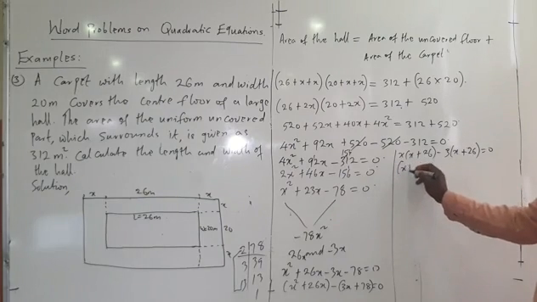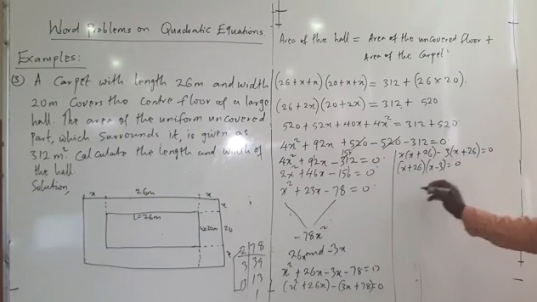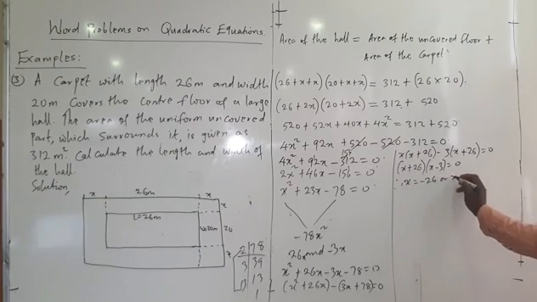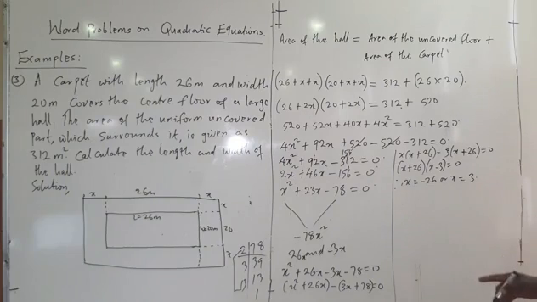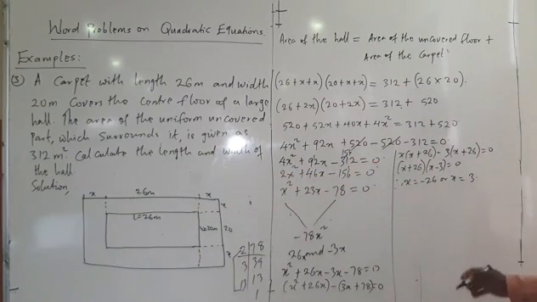So we have (x plus 26)(x minus 3) equals 0. So therefore, x is equal to minus 26 or x is equal to 3. Since we are dealing with dimension, we go for the positive answer, which is x equals 3.